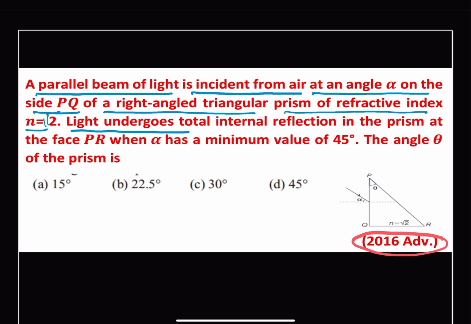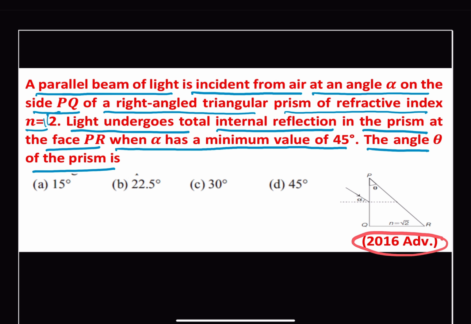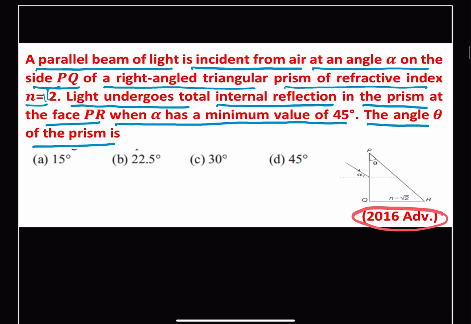Light undergoes total internal reflection in the prism at the face PR when alpha has a minimum value of 45 degree. Then the angle theta of the prism is. So we are supposed to find the angle theta, that is the angle of prism, and the value of alpha is given to us for total internal reflection.